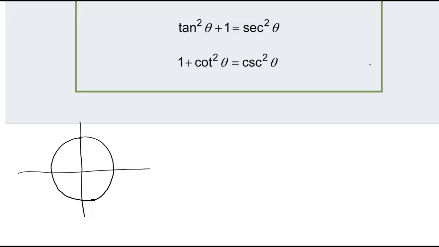And so this is what we'll be talking about next week. This coordinate is 1, 0, and this coordinate is also 1, 0. And when I do this, the distance from the origin to any point on the circle, the distance is 1. And so when I draw a triangle, the angle theta here and a right angle here, r is always equal to 1.